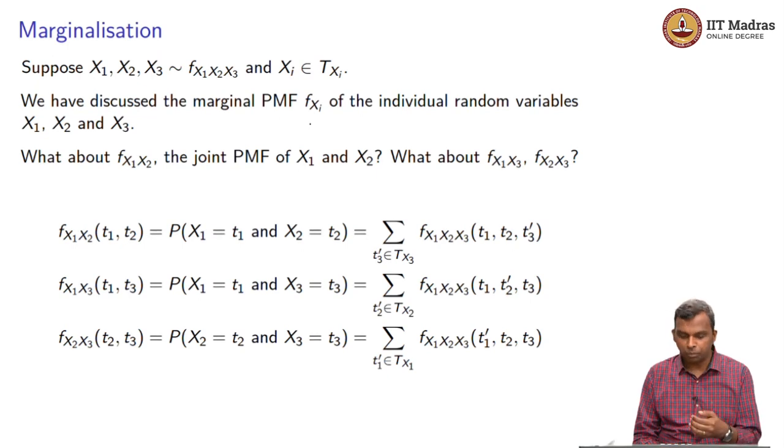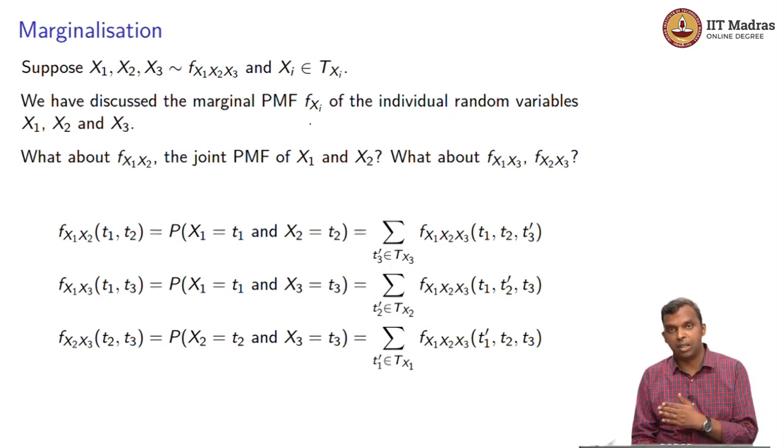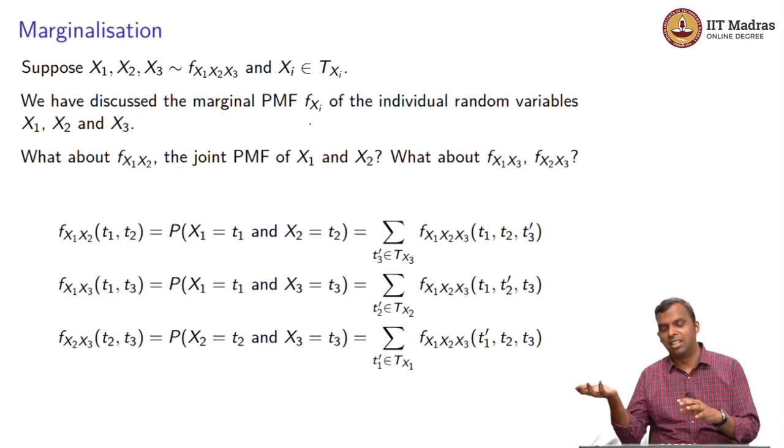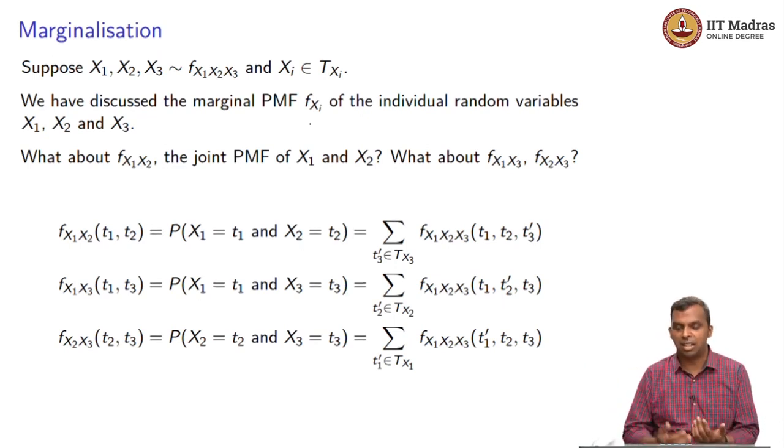F x1, x2 of t1, t2 is the probability that x1 equals t1 and x2 equals t2, and you simply add over all possible values for x3. That's the formula: sum over all t3 prime in the range of x3, the joint PMF at t1, t2, t3.